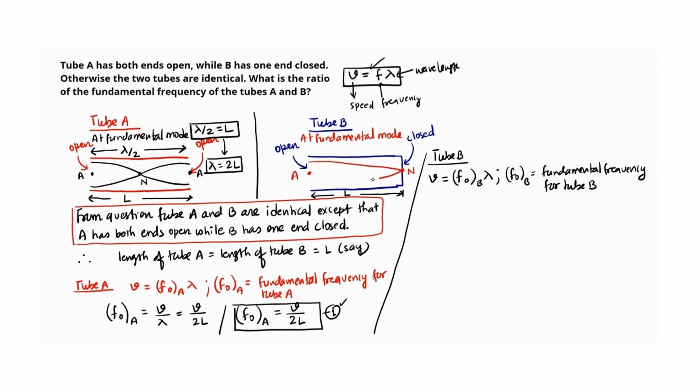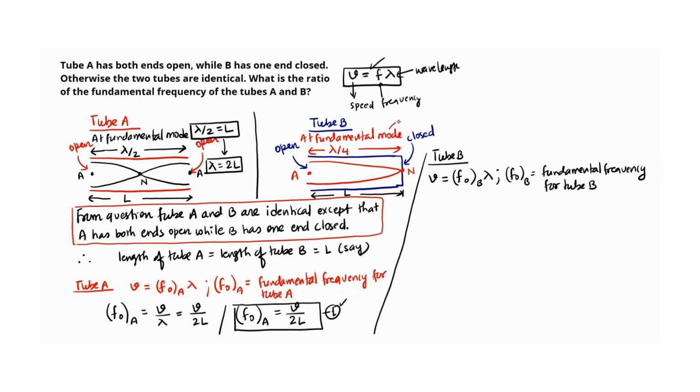So we get this, okay. And the distance between antinode and node is lambda by 4.